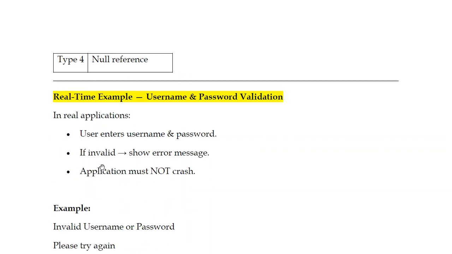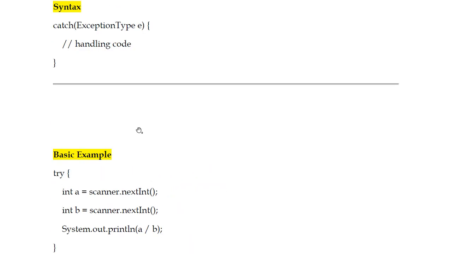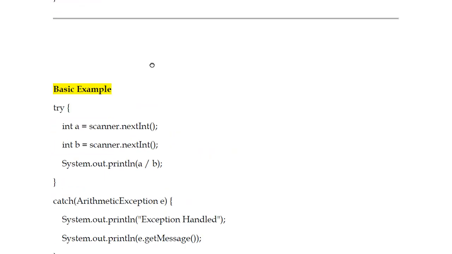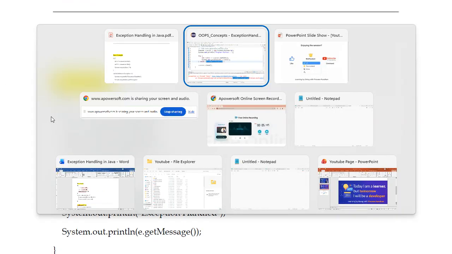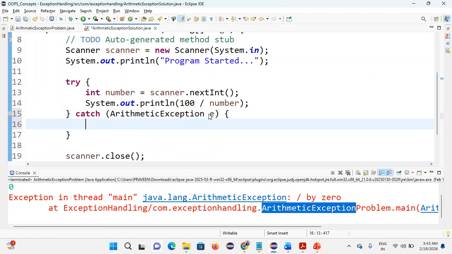Now we are discussing how to handle this runtime exception, the arithmetic exception, an unchecked exception. I'm giving the unchecked exception class name, ArithmeticException, followed by an object reference variable, e.